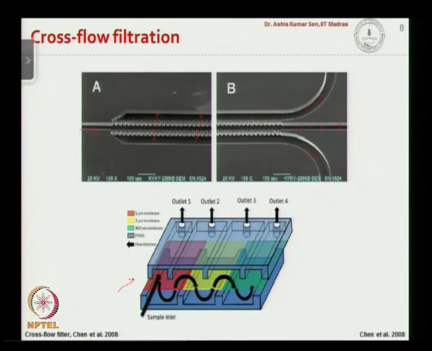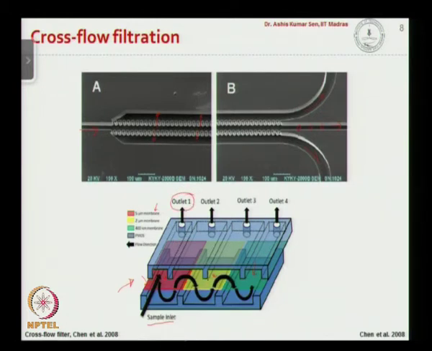This is another work that has been reported. As you can see here, the sample comes in here with different size particles, and there are membranes of different size. As you can see here, the red is a 5 micron membrane and the yellow is a 2 micron membrane, and the green is a 400 nanometer membrane. Now as the sample comes in through this filter, since it has a 5 micron size filter, the particles smaller than 5 micron will get filtered and come up. Okay. And particles that are greater than 5 micron will come out through outlet 1.